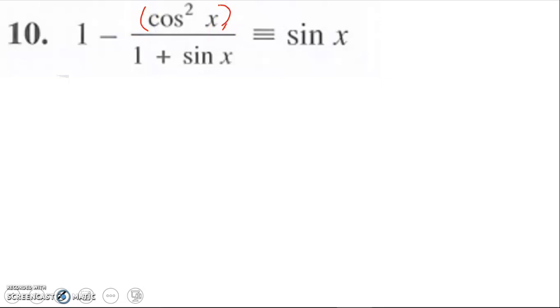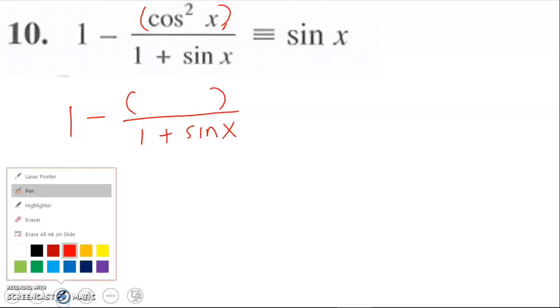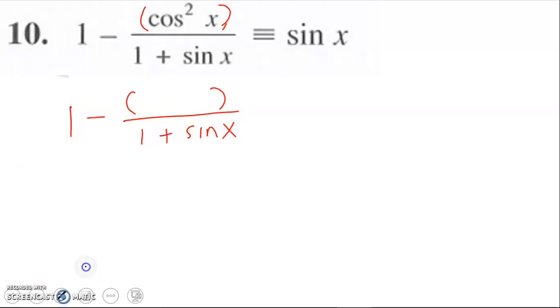I can replace it with 1 minus sine squared x, right? So I'm going to replace cosine squared x with, again, 1 minus sine squared x.